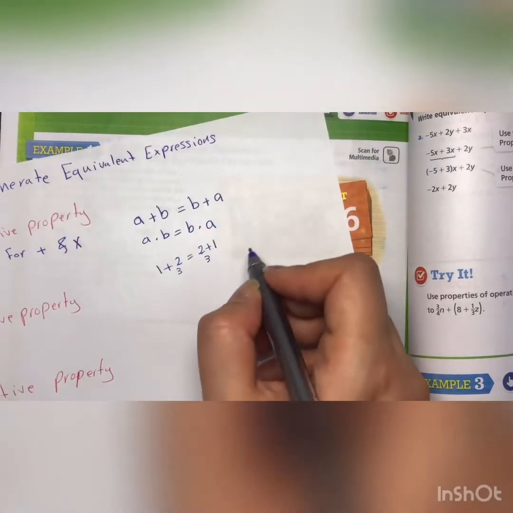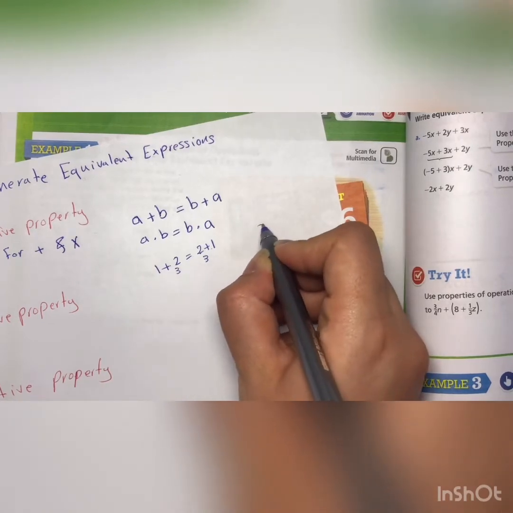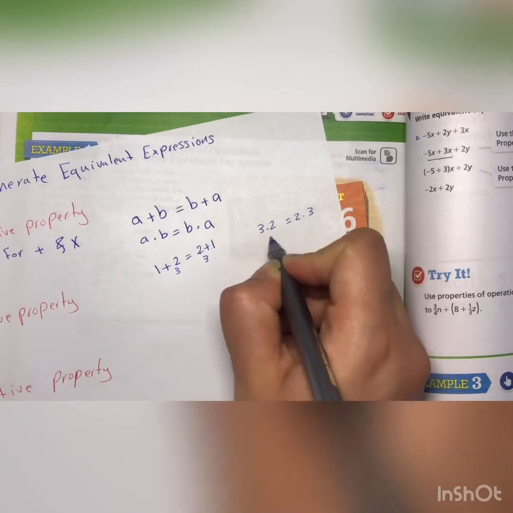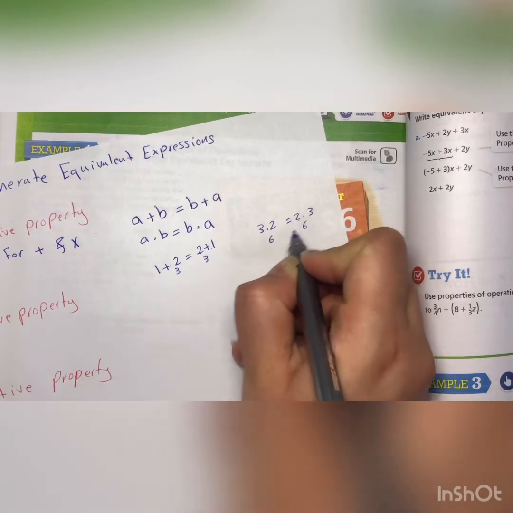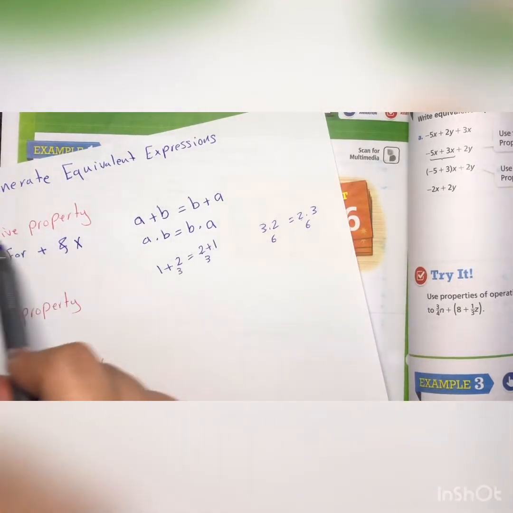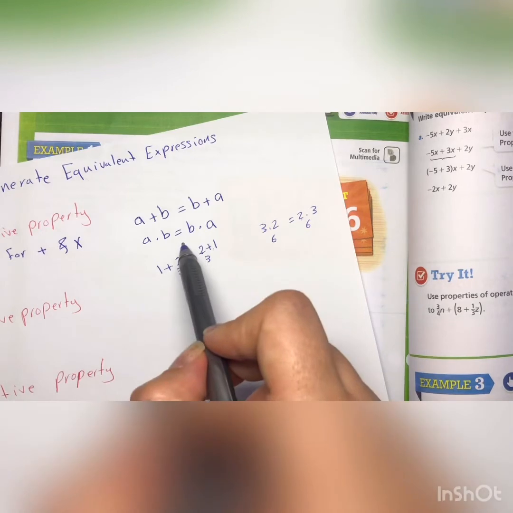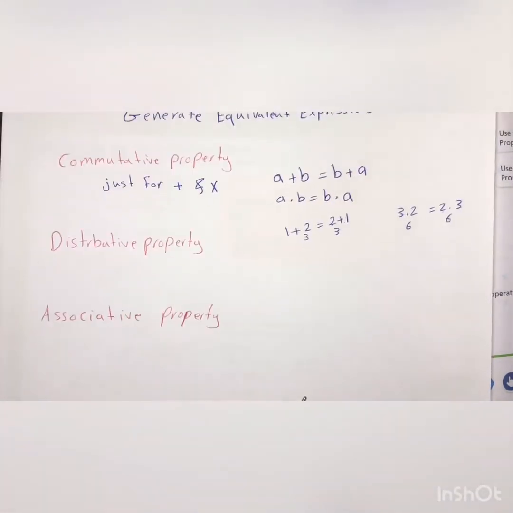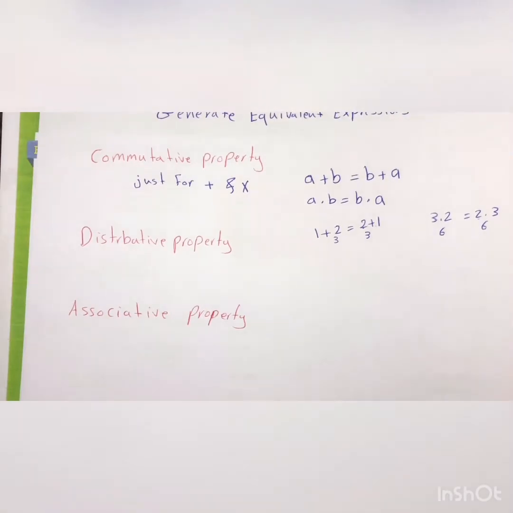For multiplication, 3 times 2 equals 6, and 2 times 3 equals 6. That's the commutative property. Okay, let me go to the distributive property.